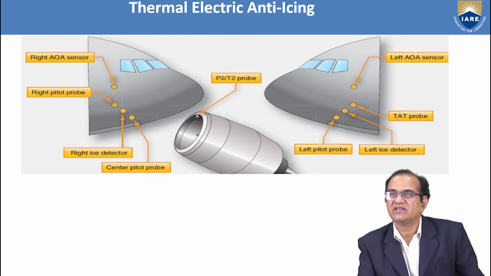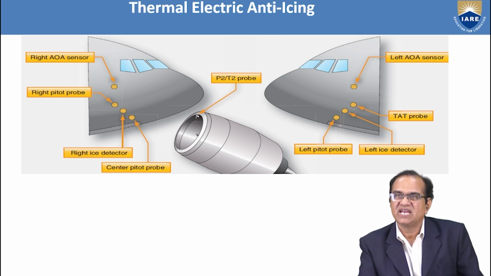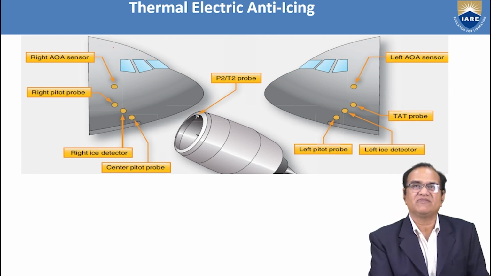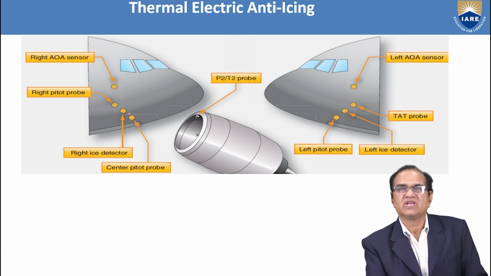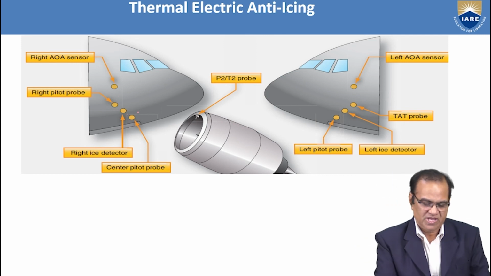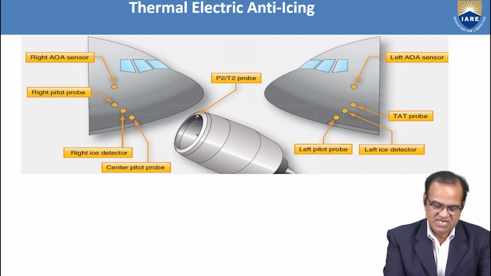Here we have the true air temperature probe, and here we have the left ice detector. Here we have the left pitot probe. On the right side we have the right angle of attack sensor, right pitot probe. Then we have the right ice detector, center pitot probe.